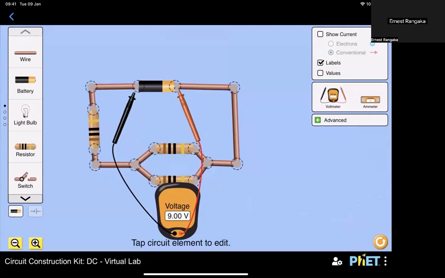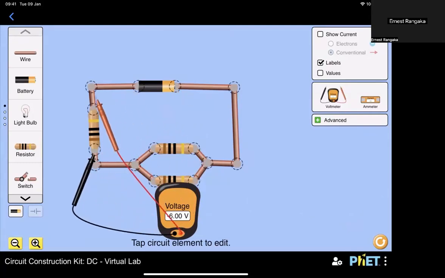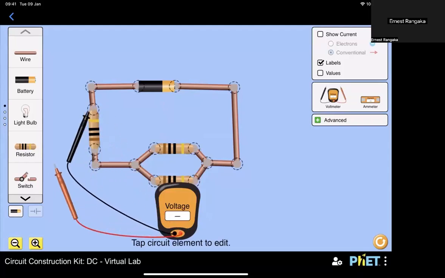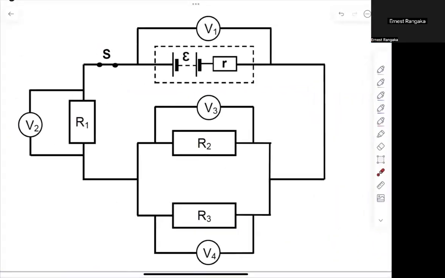Okay, let's go back and look at V2. I'm going to put my terminals across V2. I've just put them the wrong way around, let me quickly fix them. So I've got V2 there, and my voltmeter reading on V2 is 6 volts. Remember to write that down. Let me actually do it as I talk to you guys. So V1, we got 9 volts there.